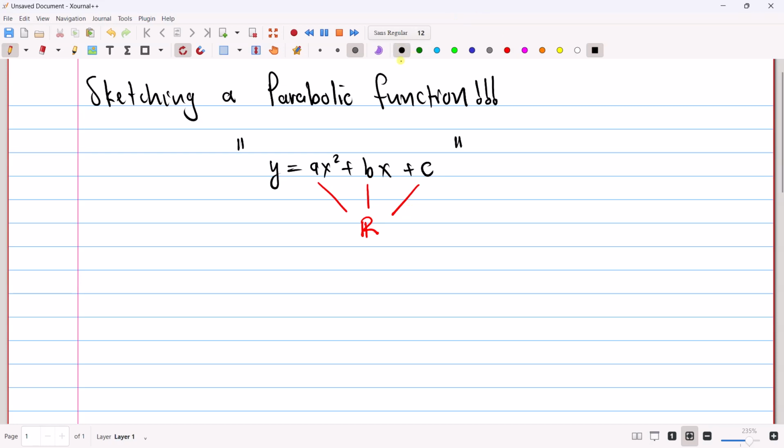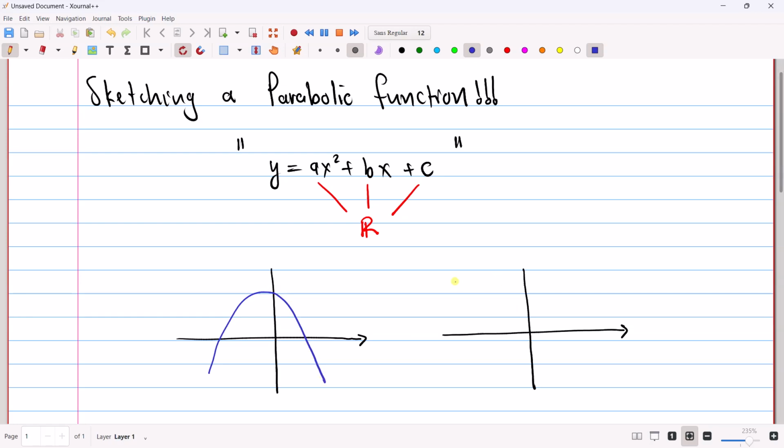A parabolic function can be one of these two shapes. At times a parabolic function can come out with a shape like that one, or sometimes you can come up with a shape like that one.